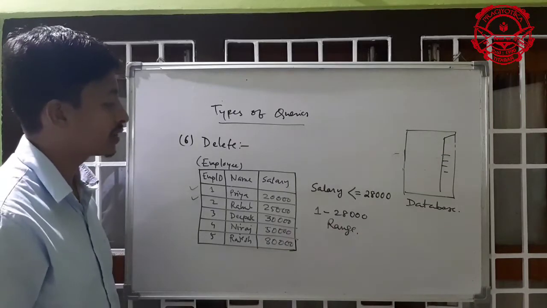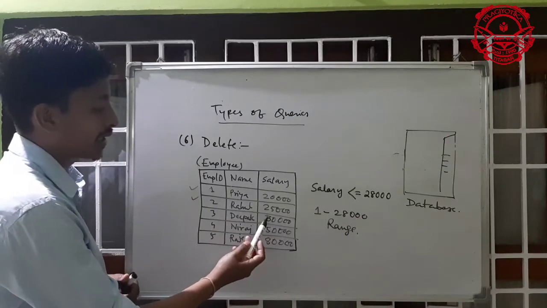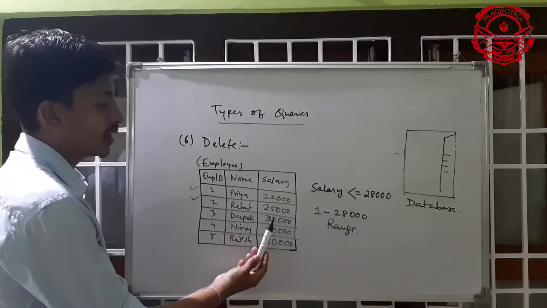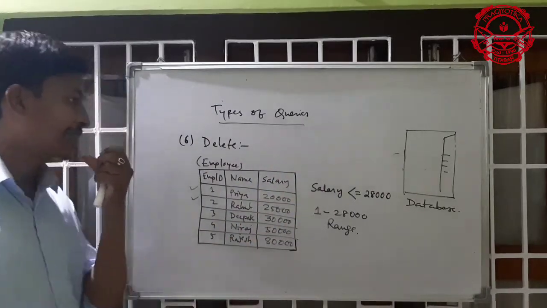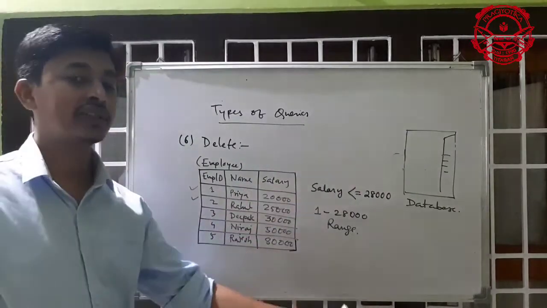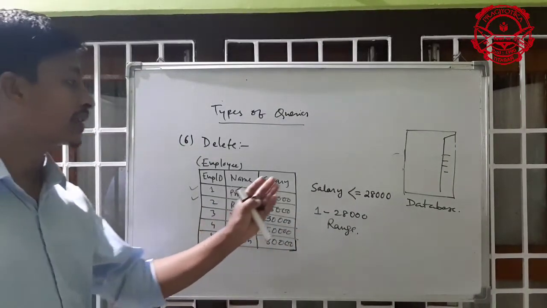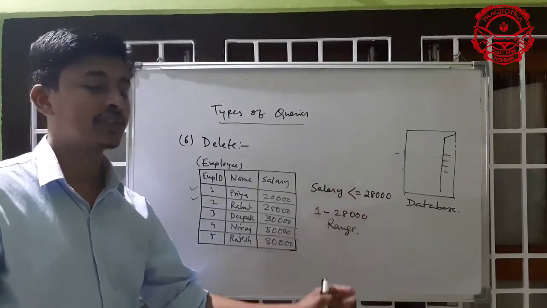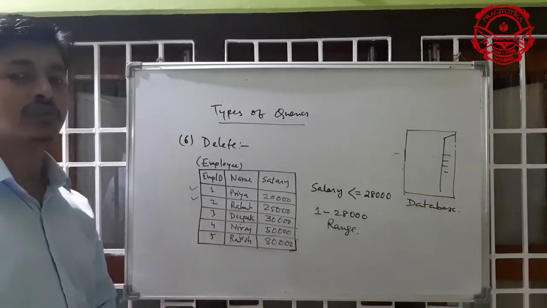But if the condition is not fulfilled, here the condition is not fulfilled because salary is greater than 28,000. So this is not going to be deleted. If the condition is matched here, that information is going to be deleted, not all the information.